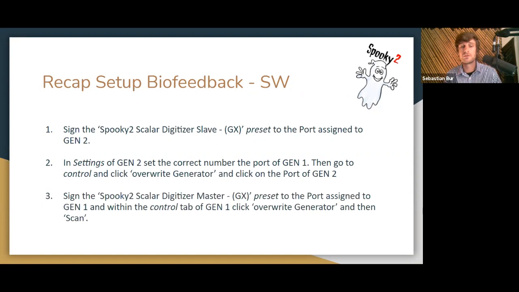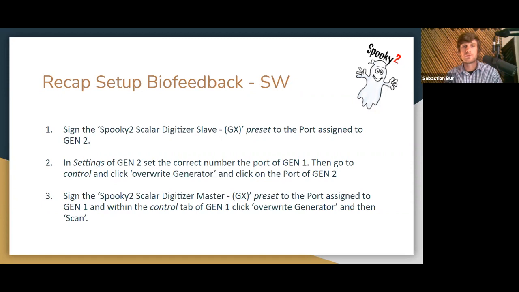And then go again into the presets, assign the Spooky2 Scalar digitizer master preset to the port of the assigned generator 1, click on control, and there click on override generator, click on generator 1, which in our case was number 3, and then set the settings, the time you want and the steps of the frequencies, and click scan. And then you can just wait.